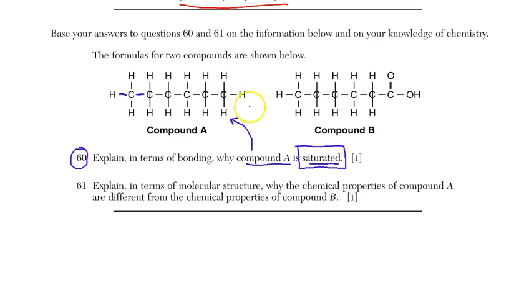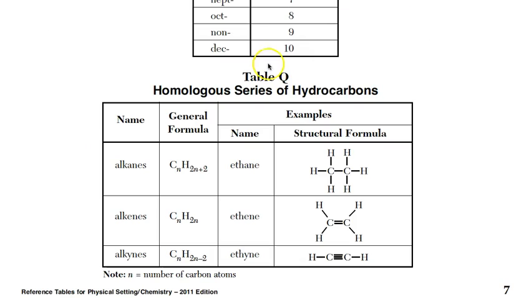Now we talk about saturated organic compounds, and I say organic because it's carbon-based. Table Q comes to mind. Here we are with hydrocarbons especially, and Table Q is something I like to use because even though they don't come out and say it, alkanes are saturated. Look at this two-carbon system here.